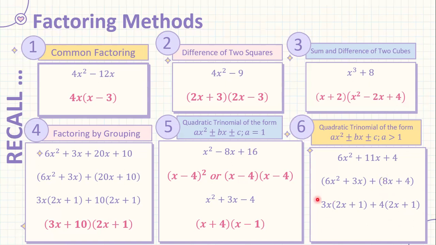We get yung mga nasa outside numbers, that is 3x plus 4, multiplied by the quantity of this group, kasi the same lang naman, 2x plus 1. So we have now 3x plus 4 times 2x plus 1.